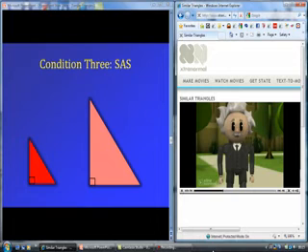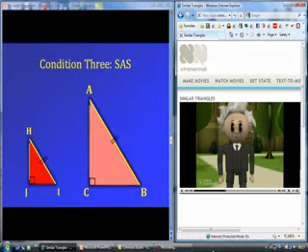Consider triangle HIJ and triangle ABC. If you look at the figures carefully, you should notice that the lengths of HI and HJ are in ratio with the lengths of AB and AC, respectively.